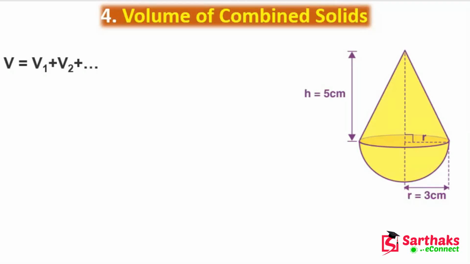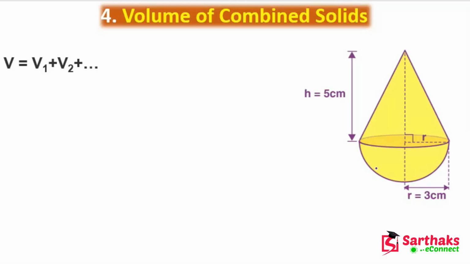A tent is formed by the combination of a cone and a cylindrical shape. Similarly, an ice cream cone is the combination of a cone and a hemisphere. Like this, as you can see, this is in the reverse. So there are a lot of examples which we can see in our daily life.